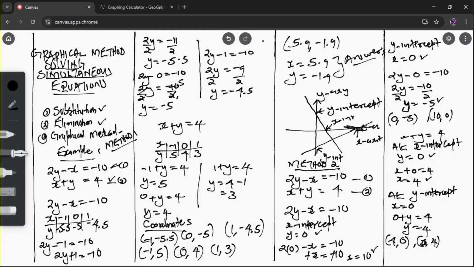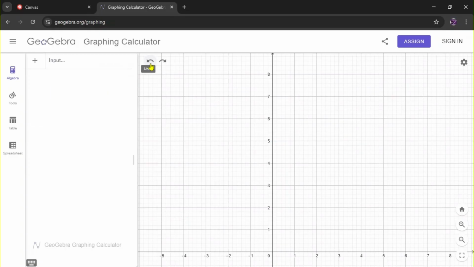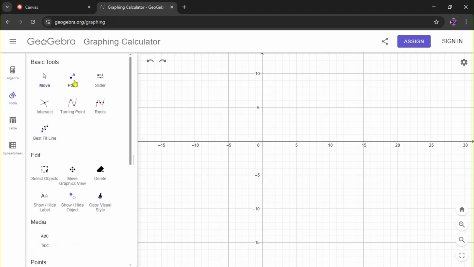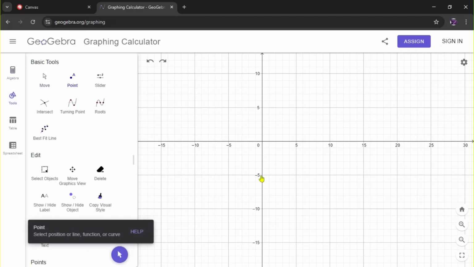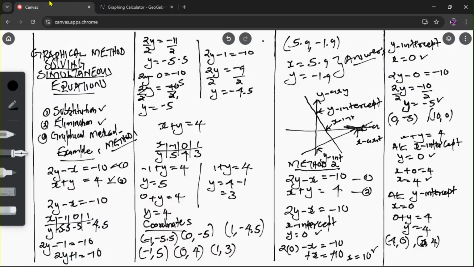Come to my graph and try to plot the same values, right? So the first is 0 minus 5. You have 0 minus 5, which is supposed to be that point. Let me put 0 minus 5. You have it there. Then 10, 0.